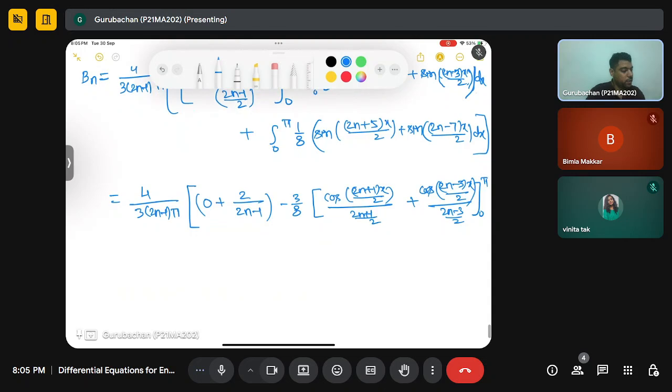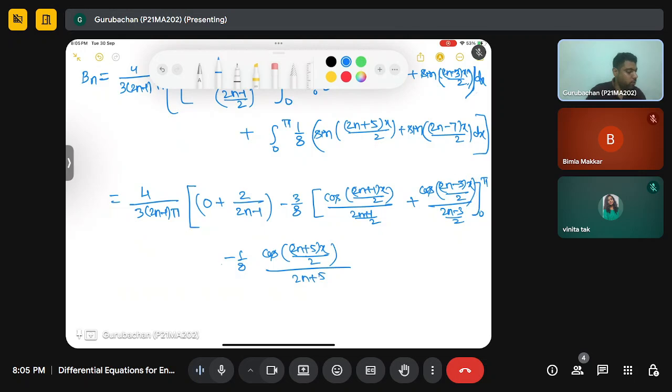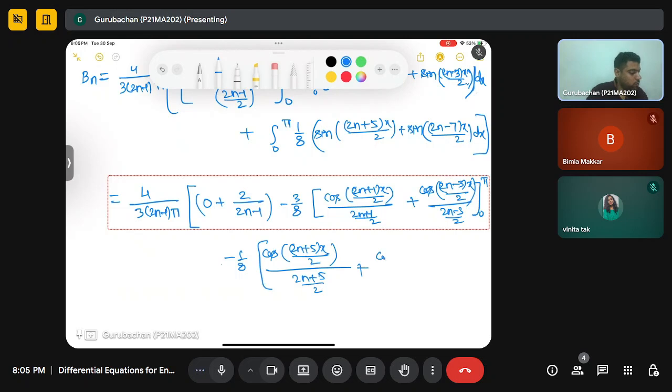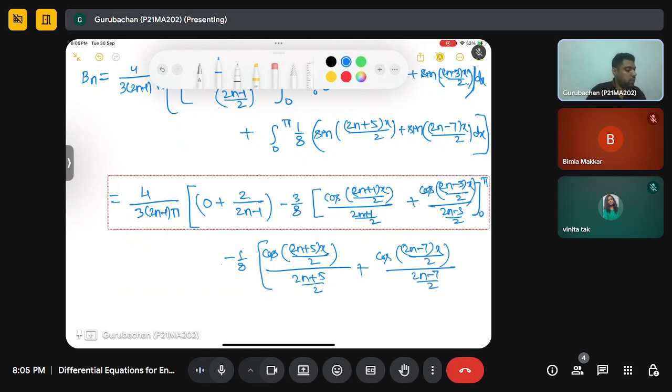0 to pi. Next one, again I can take 1 by 8 cos 2n plus 5 by 2 divided by 2n plus 5 by 2 plus sine cos 2n minus 7 x by 2 divided by 2n minus 7 by 2, 0 to pi.